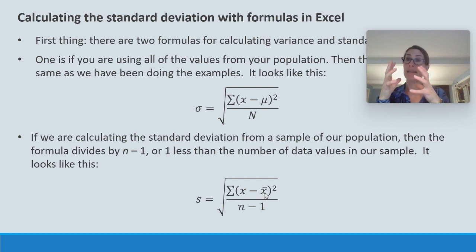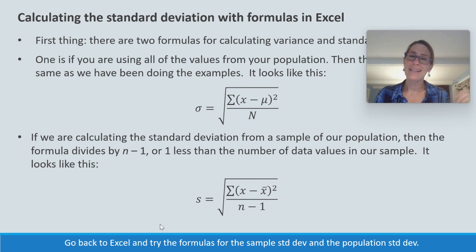Square them, add them together. That's what the sigma stands for. Divide by n minus 1, take the square root. So s is the symbol we use for the sample standard deviation. Sigma is the Greek letter, versus the small lowercase s, that we use for population standard deviation.